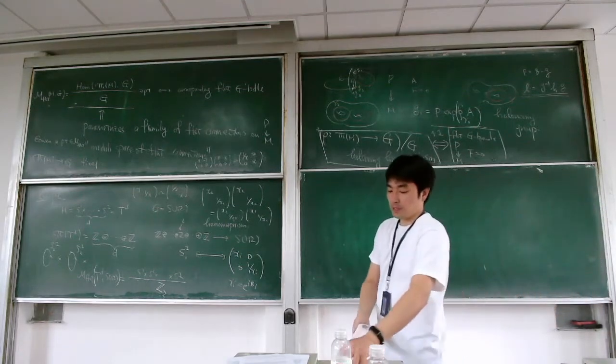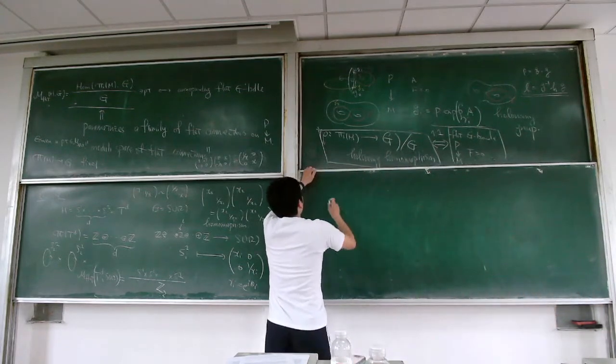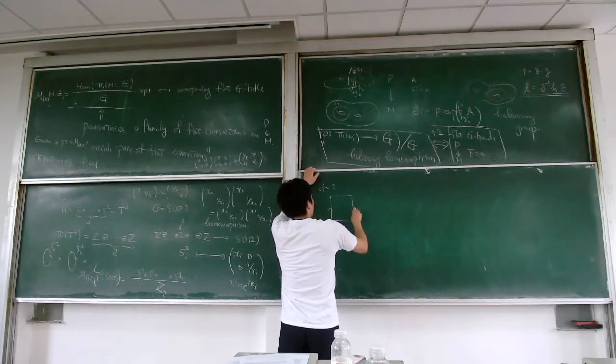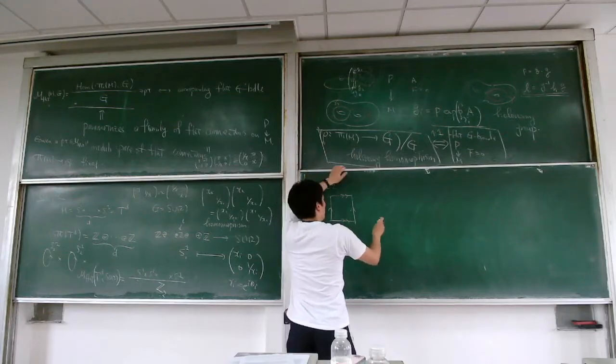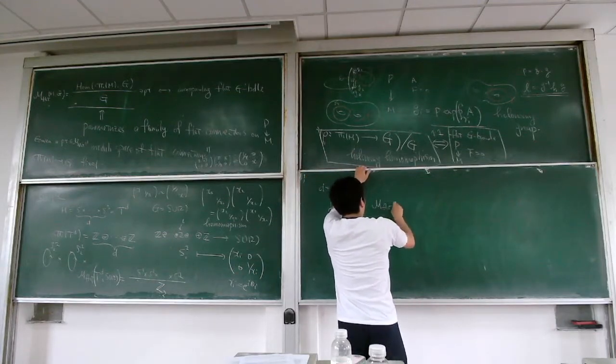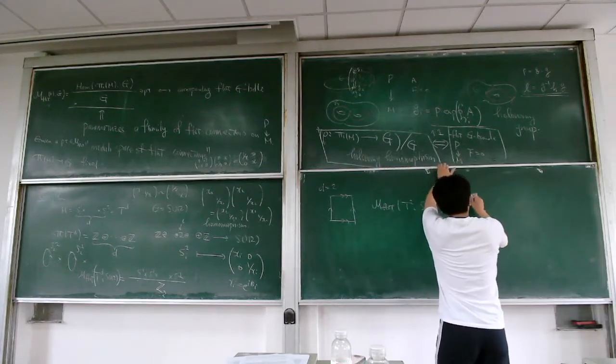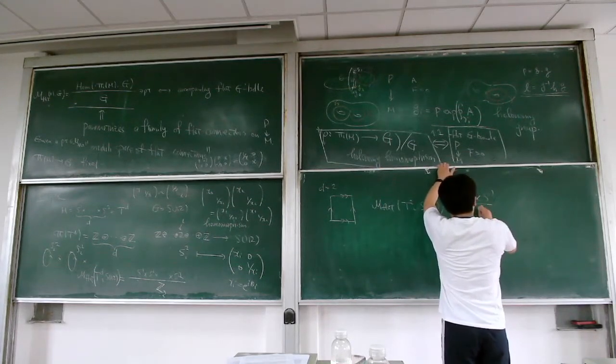It's a Riemann surface. So when D equal to 2, you have a 2-torus. And the moduli space of flat connections on the 2-torus of SU2 is indeed S1 cross S1 mod Z2.